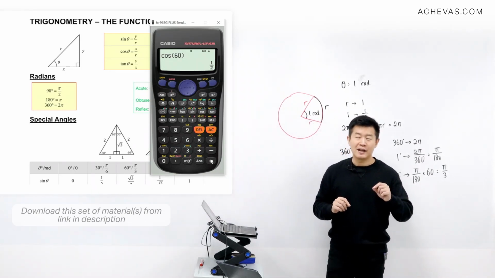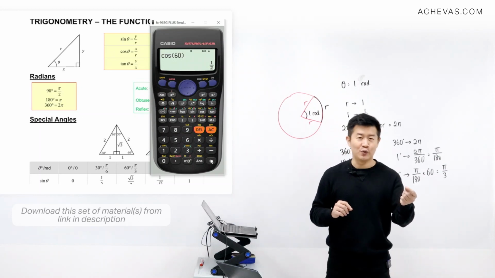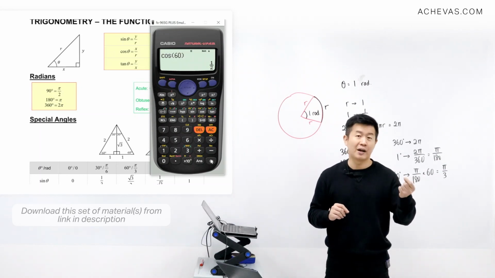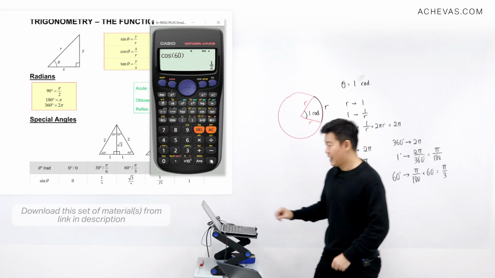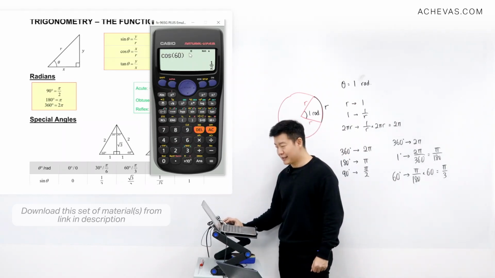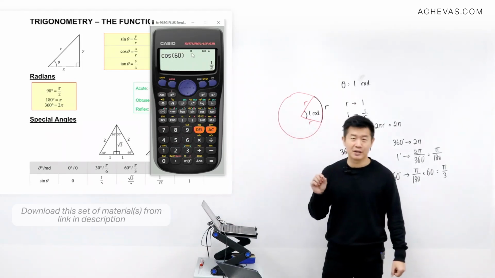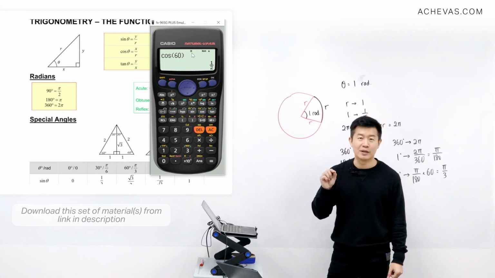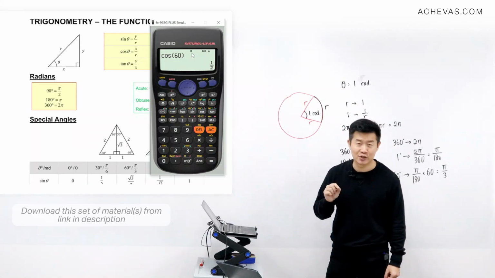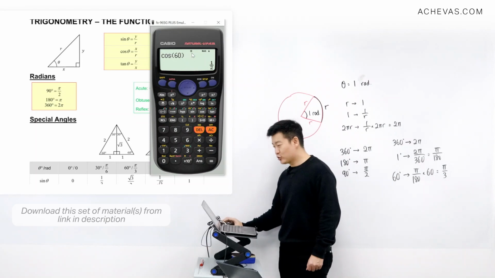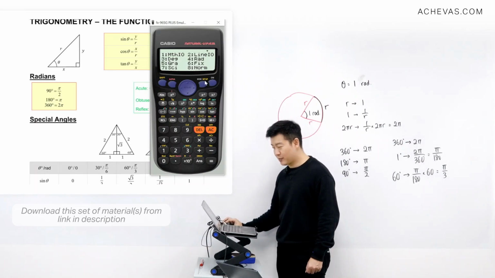Let's see whether we are going to get half if we do a cosine of pi over 3 radians. To do that, I just want to bring your attention to this little symbol over here. It is a simple D, so it represents degrees. I'm going to change this into radians. So I'm going to go to setup on my calculator, and there's degrees, there's radians.